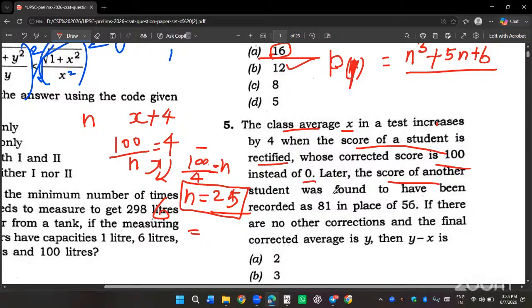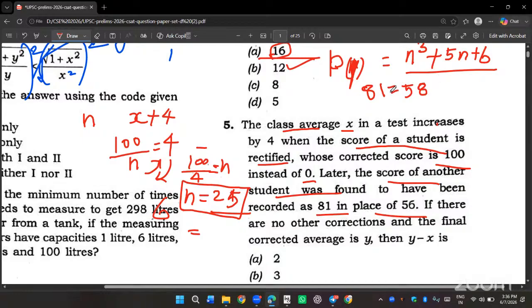Next, the score of another student was recorded as 81 in place of 56. 81 in place of 56. Here, I should mark it as 56, but I marked it as 81.